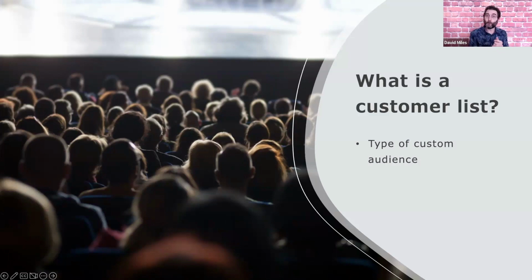Now, those of you who were on the call we did a little while ago about Facebook retargeting, we talked about custom audiences in the context of that as well. So within Facebook, you've got two kinds of audience. You've got the kind of audience targeting where you target people based on what Facebook already knows about them.